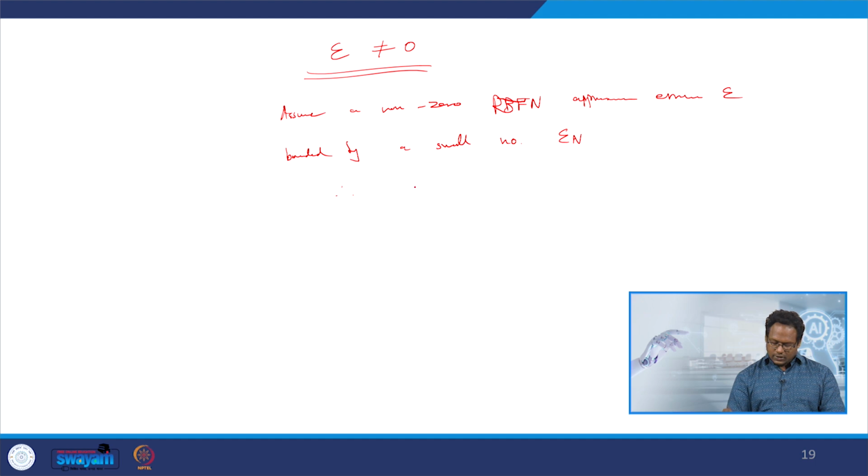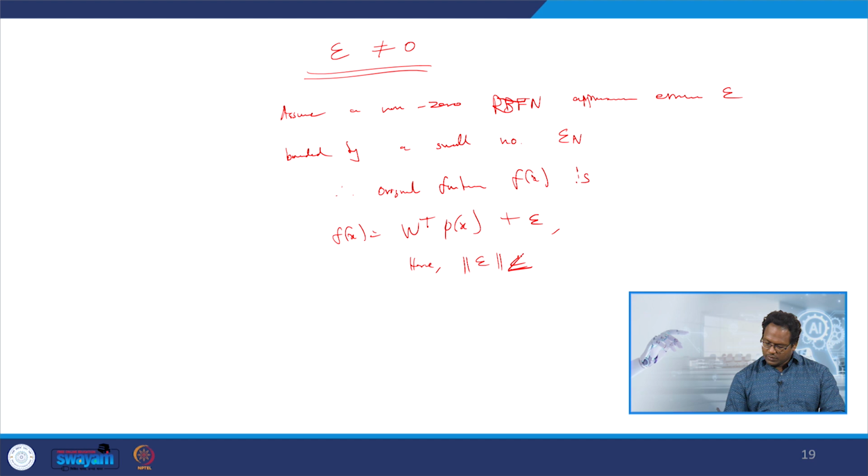Therefore, we can say that original function f of x is given by f of x equal to w transpose phi of x plus epsilon, where epsilon is strictly bounded by epsilon n, the positive number epsilon n.